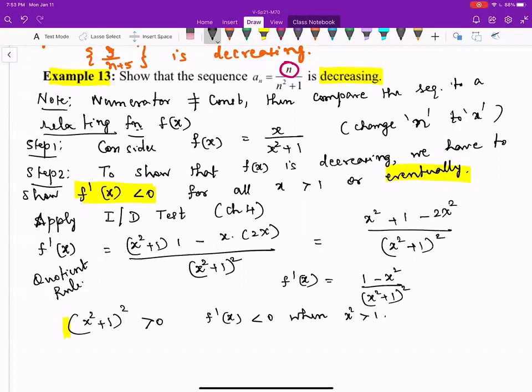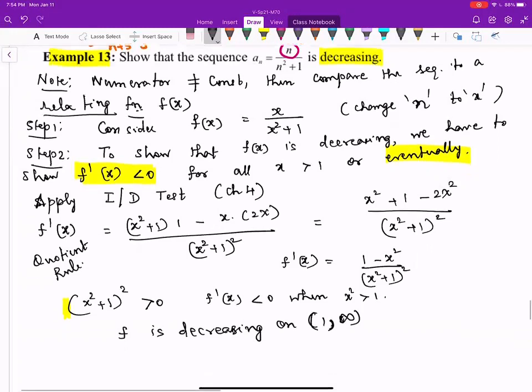So whenever x squared is more than 1, the numerator 1 minus x squared would be negative, and the denominator is positive. So f prime of x would be negative eventually. So whenever x is more than 1, or in other words, f is decreasing on the interval 1 through infinity.